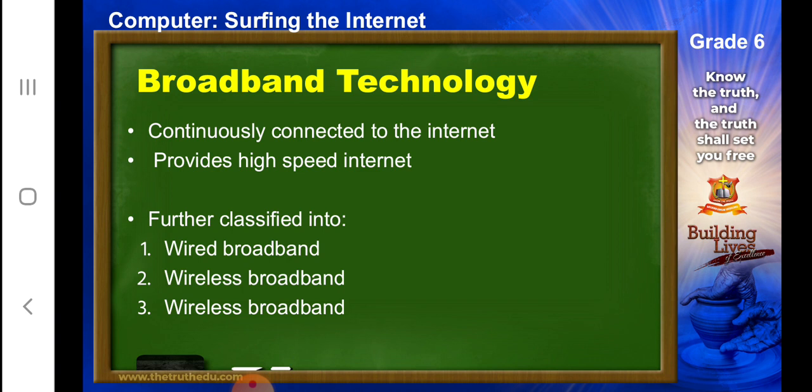Here in wireless broadband, the cable comes to your home, you connect a wireless router, and the entire area becomes Wi-Fi. But in wireless mobile broadband, you carry a small USB dongle, and you connect it to your laptop or your desktop, and you can start getting internet connection.